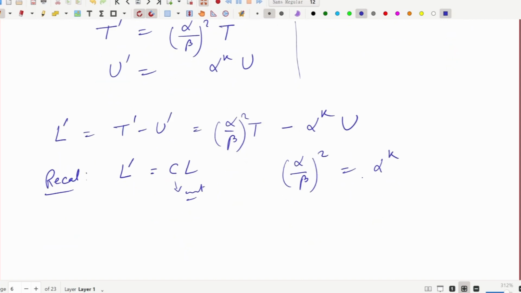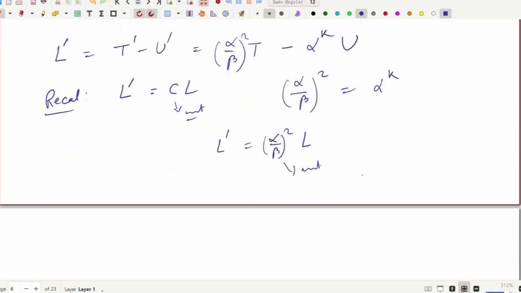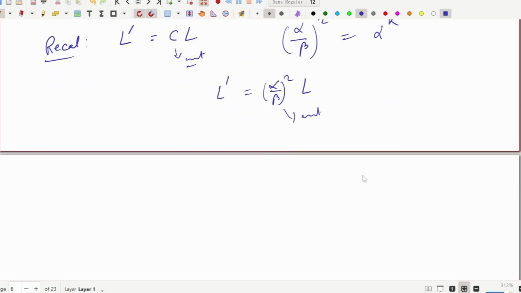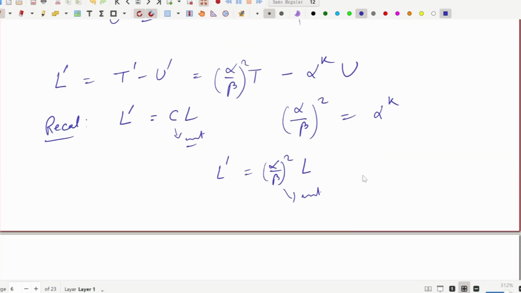Then your Lagrangian L prime will be alpha to the power k times L. So, this is a constant. Okay. This I can express in another way. (alpha by beta) square equals alpha to the power k implies that beta equals alpha to the power (2 minus k) by 2.